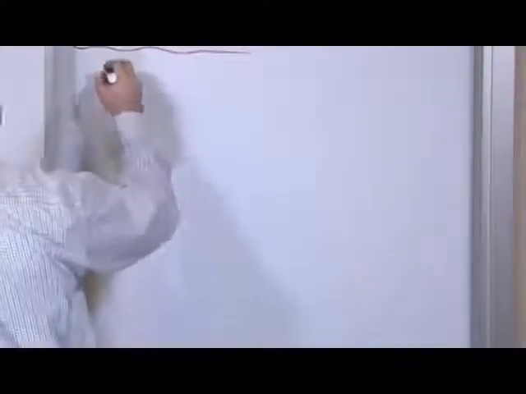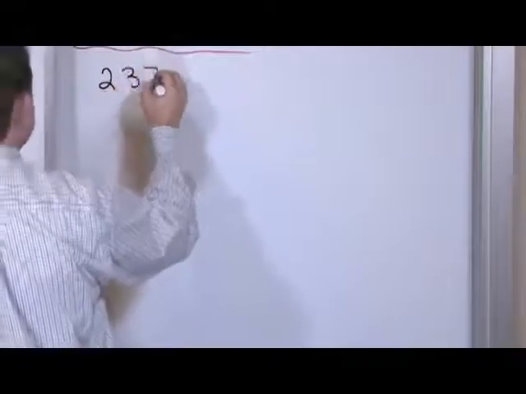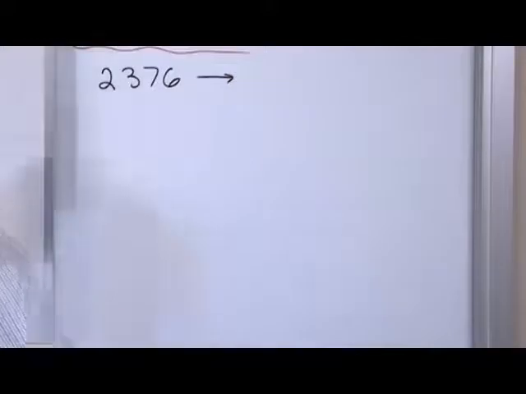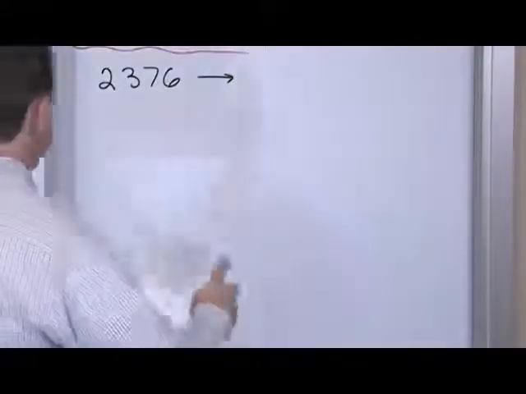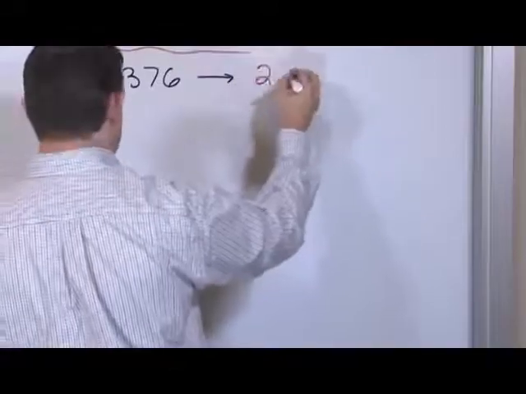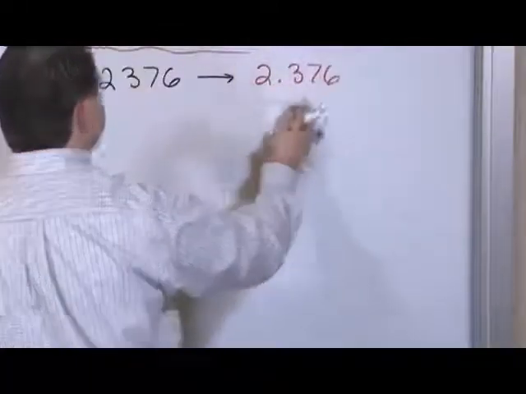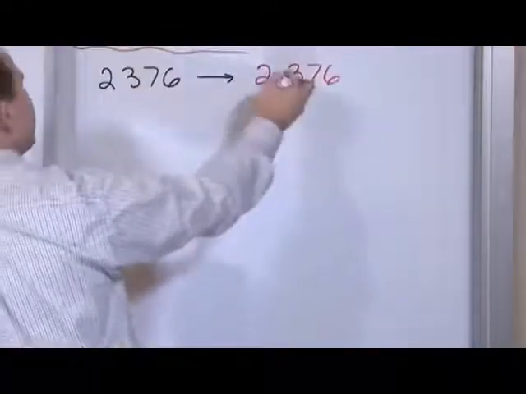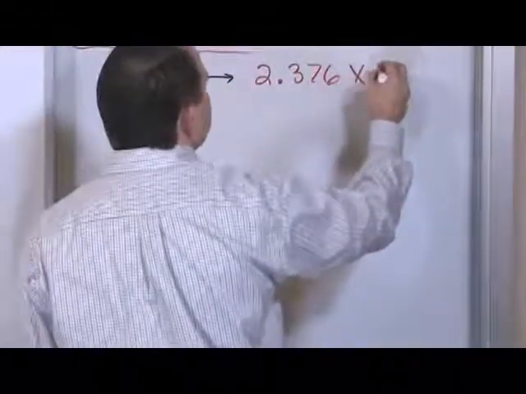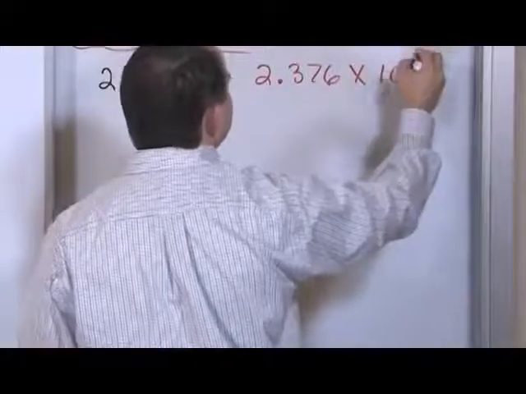What if I had the number 2,376, and I wanted to represent that in scientific notation? The way I would do it, I would keep the same digits, 2.376. Digits are the same, but I put a decimal point after the first digit. And I multiply by 10 to the power of 3.